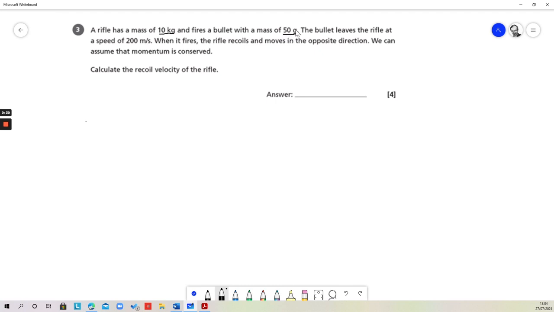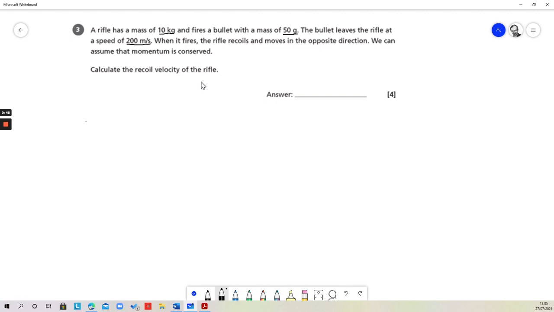And notice that we've got two different units here. We've got grams there and kilograms there, so we'll have to watch that. And we're also told that the bullet leaves the rifle at a speed of 200 meters per second. And we're now being asked to calculate the recoil velocity of the rifle.